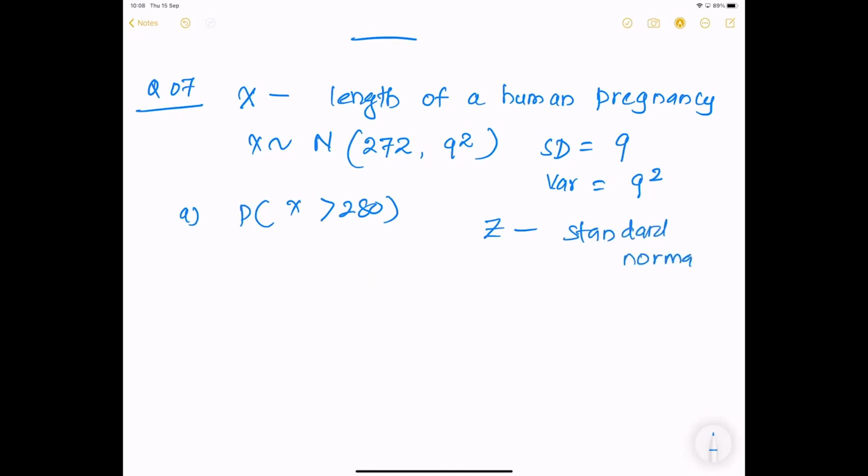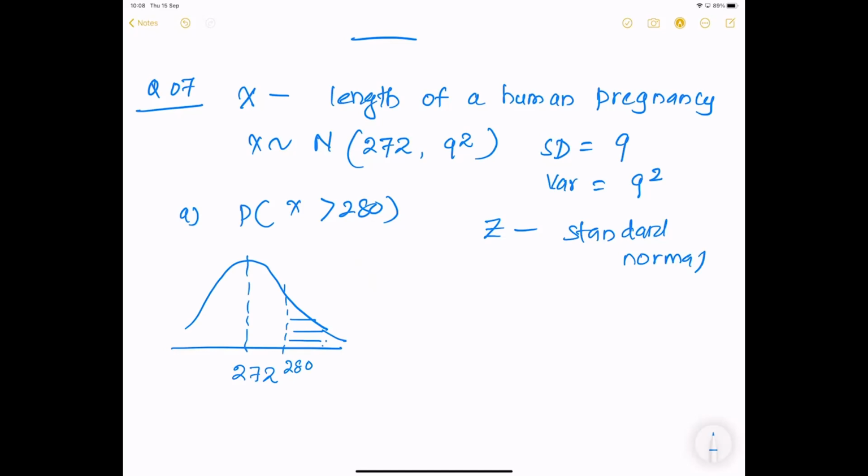Just consider this one. What is the mean? This is the mean, and we want to find the area beyond 280. This area's probability we want to find.